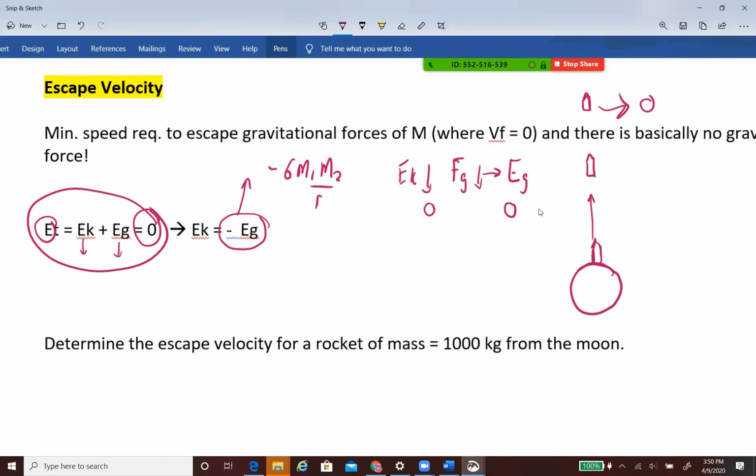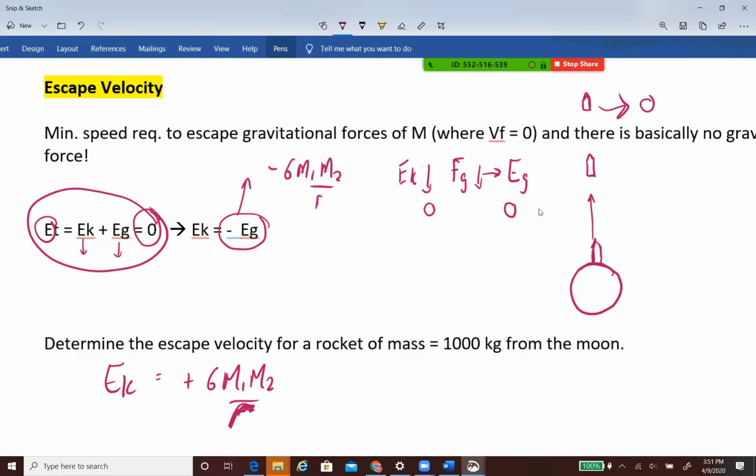So we can say that EK is equal to G m1 m2 over r. And we could figure out the escape velocity for, let's say, a rocket. Any object that's trying to leave the moon would have to have a minimum velocity, which is what we're going to figure out right now.